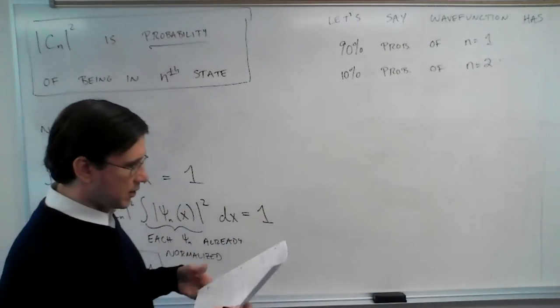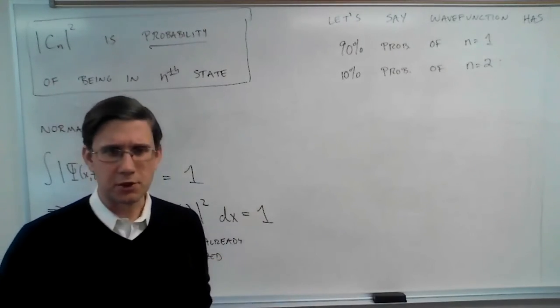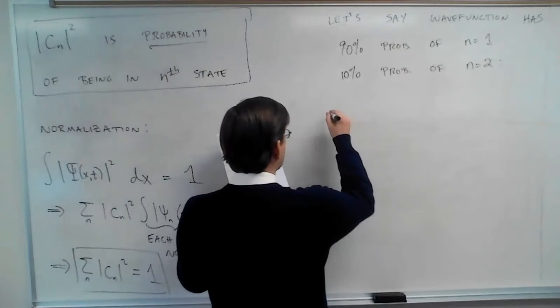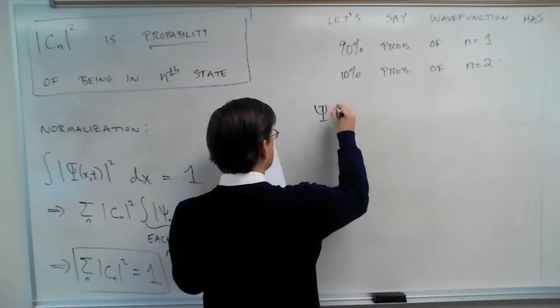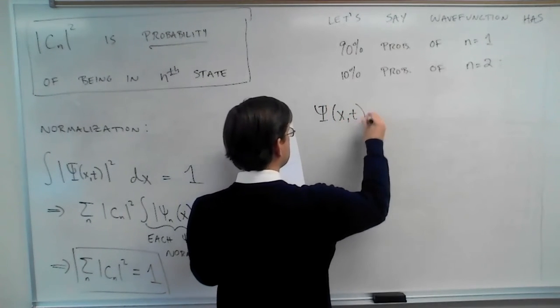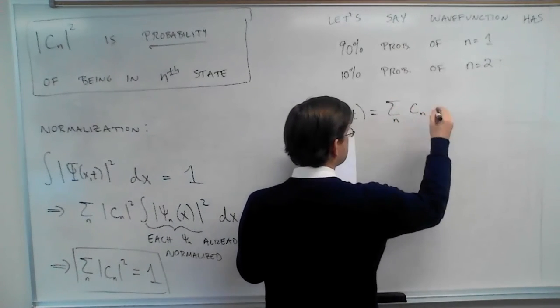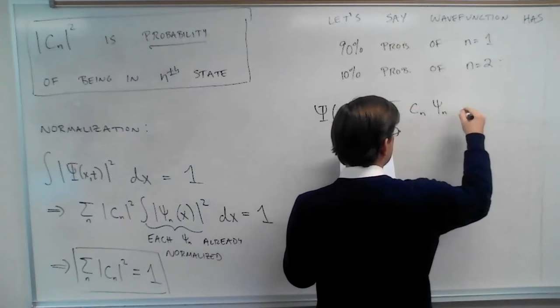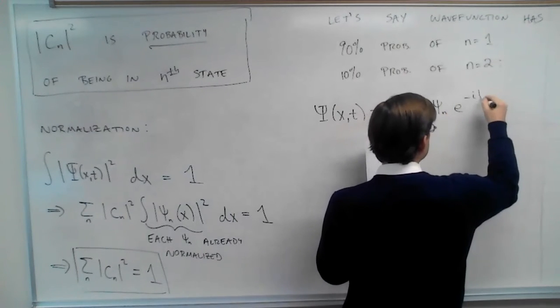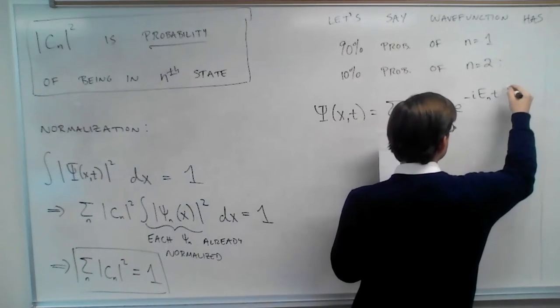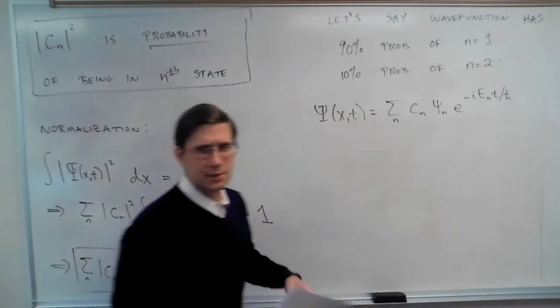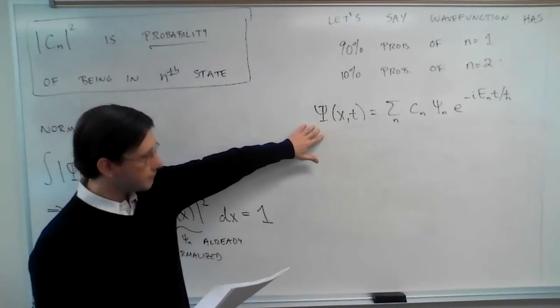So if I told you that much, 90% probability of n equals 1, 10% probability of n equals 2, and I want to write down the wave function that we'd expect, we can always say that our wave function, capital psi of x and t, is a sum over n of c sub n, psi sub n, e to the minus i E_n t over h bar. Right? This is our most general expression.